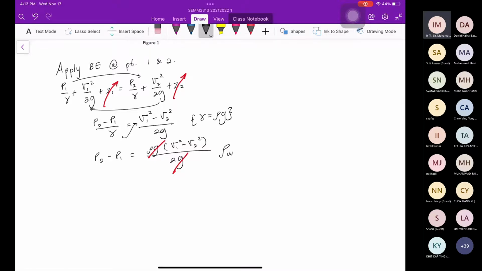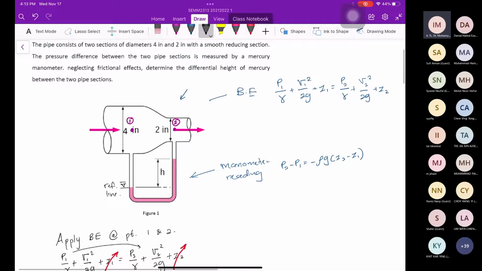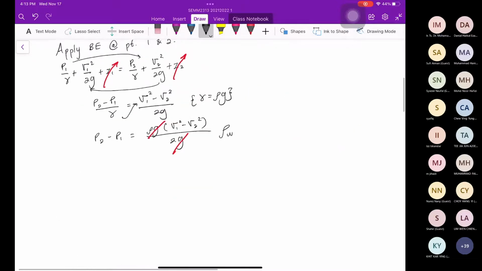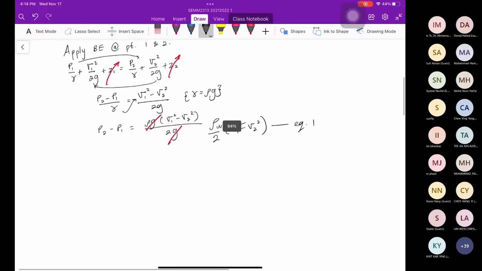So density of water, not density of mercury, as we are dealing with water. Density of water over 2 times (V1 squared minus V2 squared). So let's say this is equation 1.